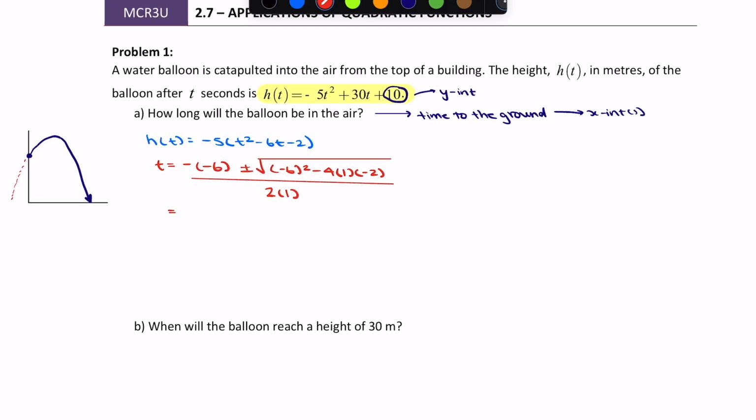So here we'll get 6, because negative times negative, so it's 6 plus or minus the square root of 44 over 2. So here we can rewrite this as 6 plus or minus 2 square root 11 over 2.